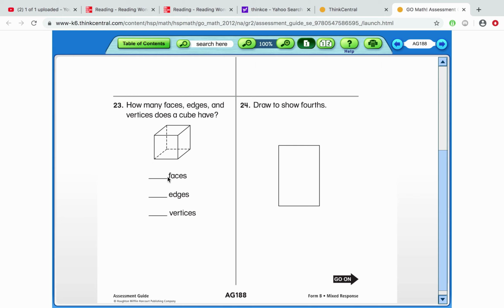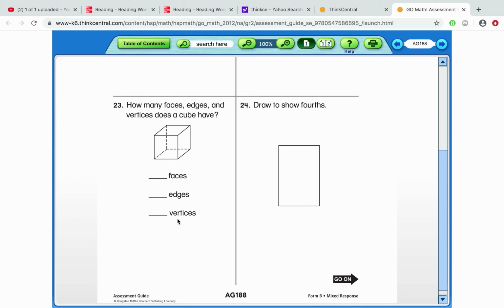All right, friends, so the faces: top, bottom, front, back, side to side. There are 6 faces in a cube. Now edges: 1, 2, 3, 4, 5, 6, 7, 8, then around the bottom, 9, 10, 11, 12 edges. 12 edges where the faces meet. 12 would be the correct answer for edges.